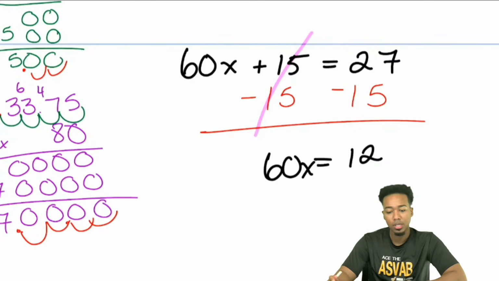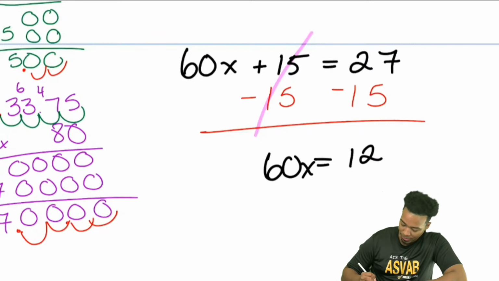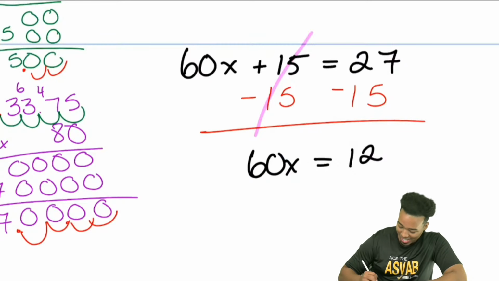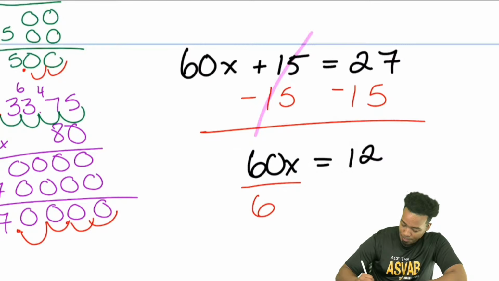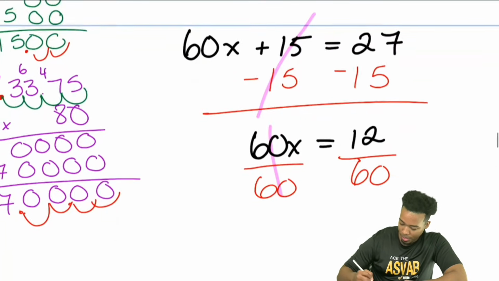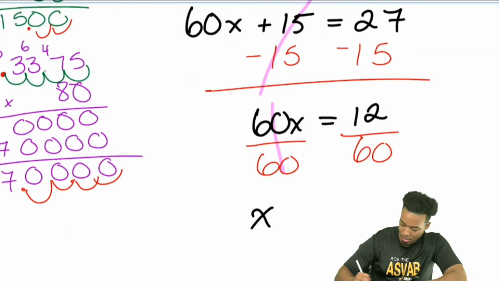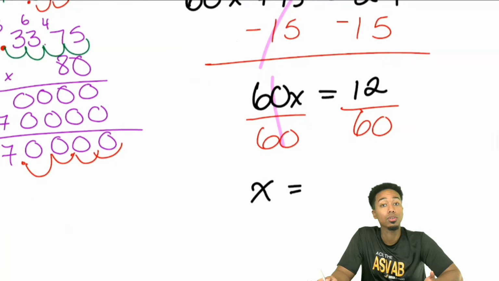What do we do to both sides? Divide. Exactly. Divide what? Not 12. Divide the 60. We'll divide the 60 on both sides. Right there. And that'll be x equals, and then you can go ahead and do your long division again.